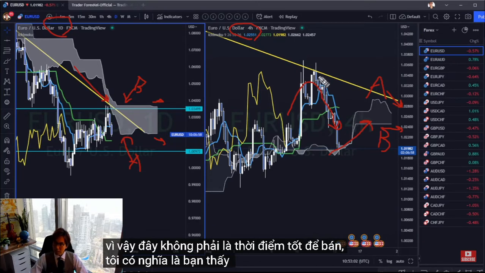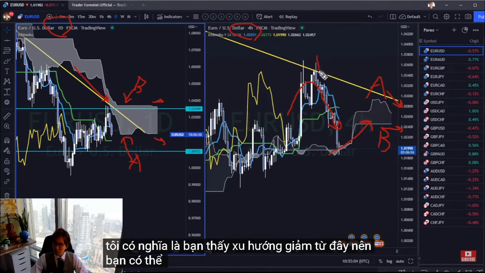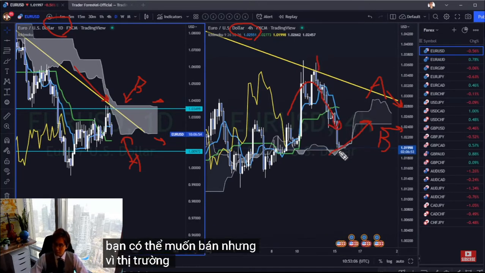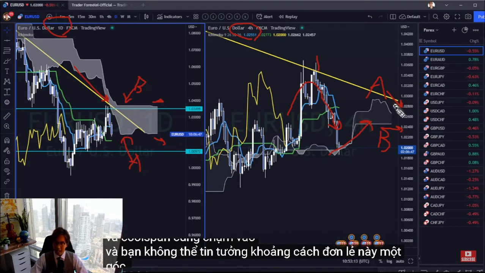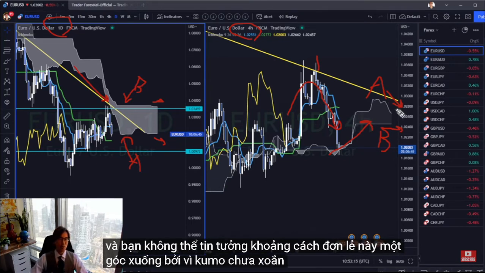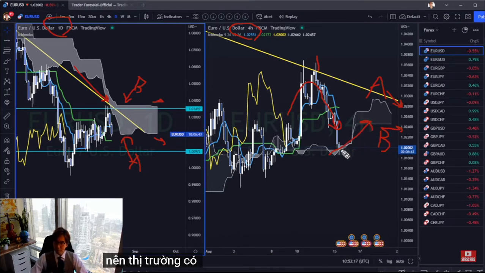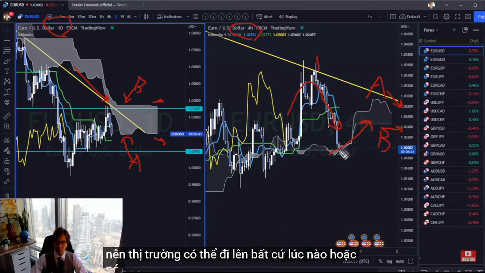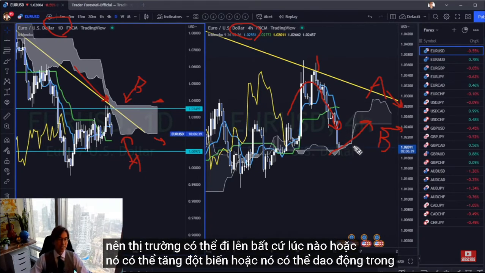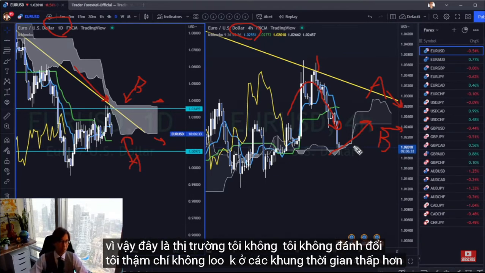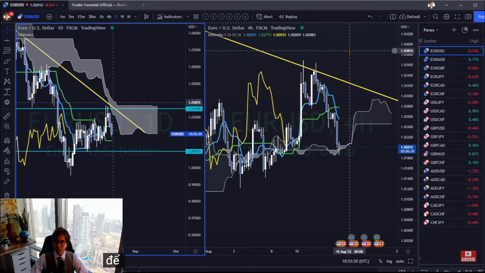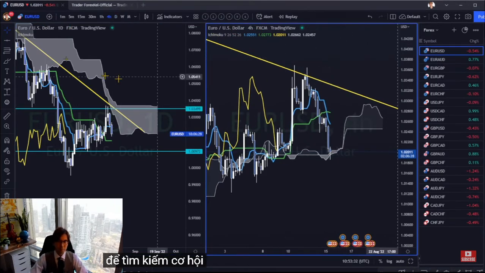I mean, you see a downtrend from here, so you might want to sell, but since the market is touching Kumo here, and Chikou span is also touching, and you can't trust this Senkou span A angle down because Kumo hasn't twisted yet, the market may go up anytime soon, or it may spike, or it may range in this case. So this is a market I don't take a trade. I don't even look at the lower time frames to look for opportunities.